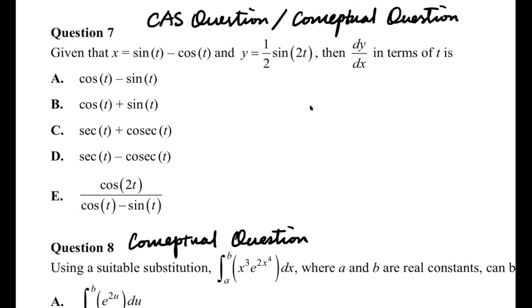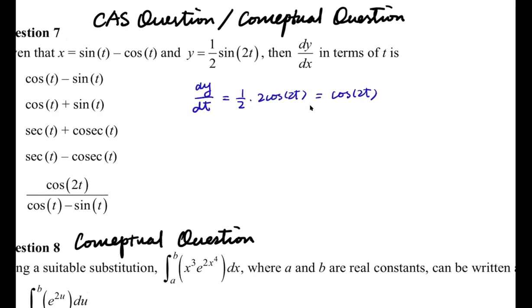You could do question 7 either by CAS or by hand. This time I performed the by hand calculation. Your dy/dt will be half times 2 cosine 2t, which is cosine 2t. But remember, it's a double angle.